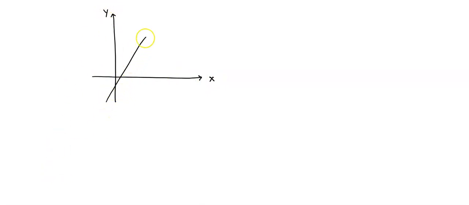Now as you can see here, the parabola graph is leaning towards the downward direction. It was the upward direction before, but in this case it is the downward direction.